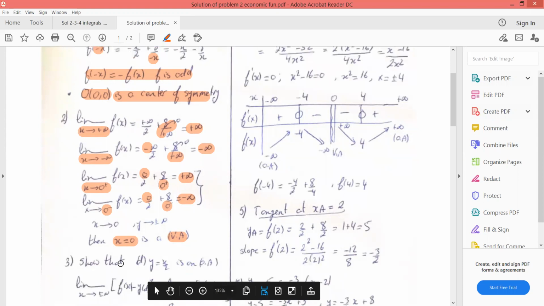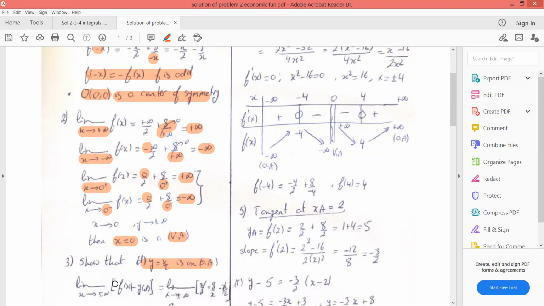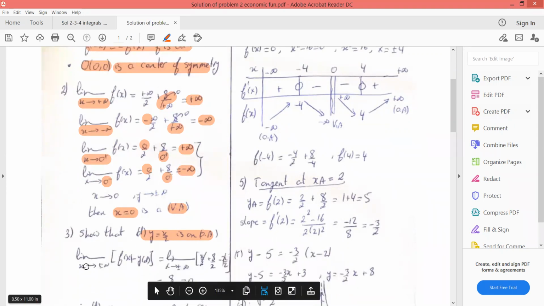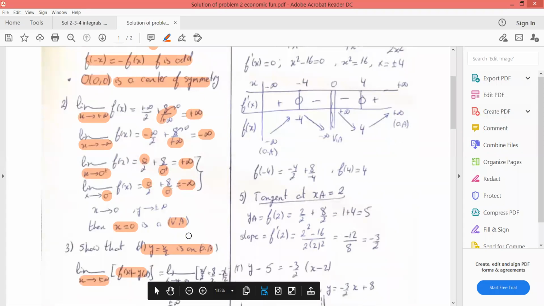How to verify the line y equal x over 2 is an oblique asymptote? How to prove oblique asymptote? The limit as x tends to plus or minus infinity of f(x) minus y_d must equal 0.